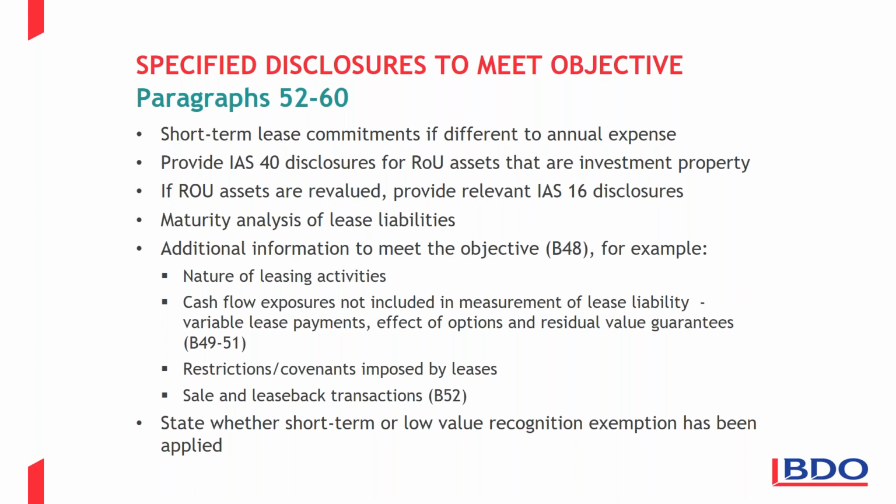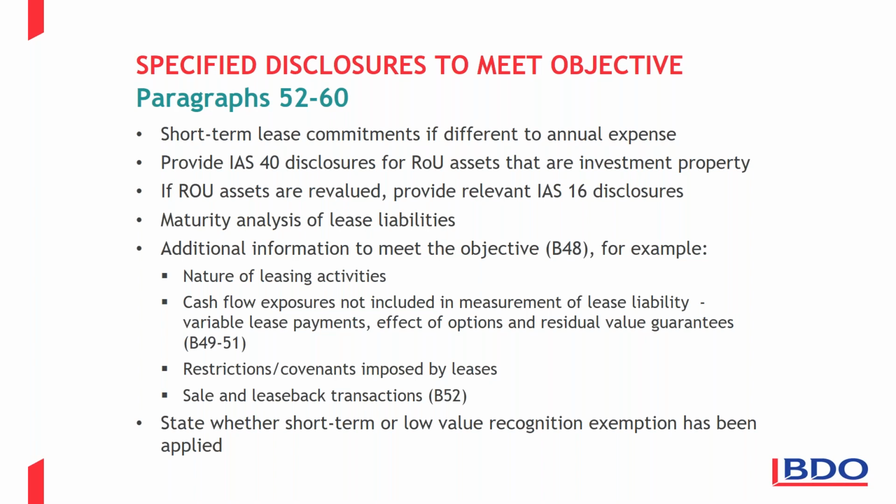If your right-of-use assets are revalued, you have to provide the relevant IAS 16 disclosures. You have to disclose a maturity analysis for your lease liabilities. There's also additional information required to meet the objective stated in paragraph B48.